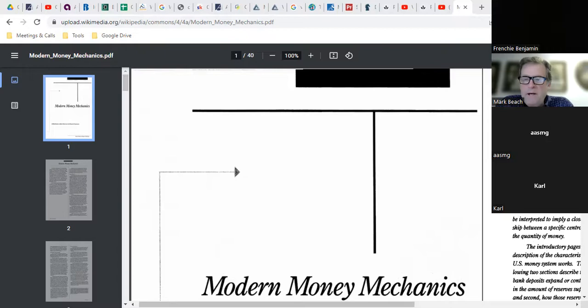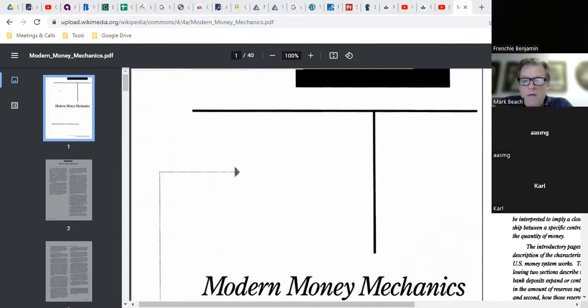I can phrase it for you in one simple sentence, okay? Every dollar that we have in our economy, every single dollar, is borrowed into existence.